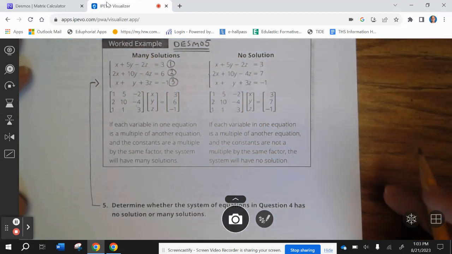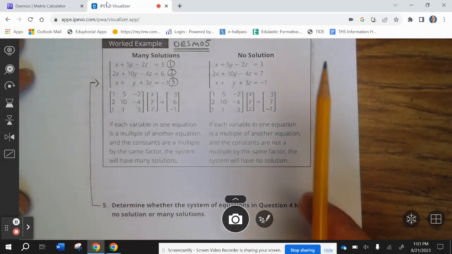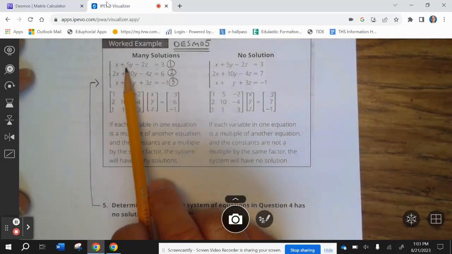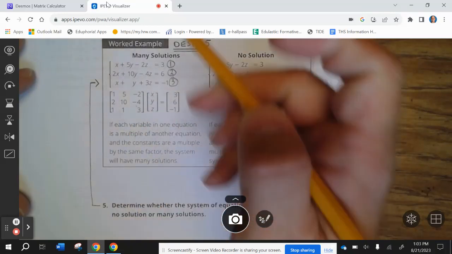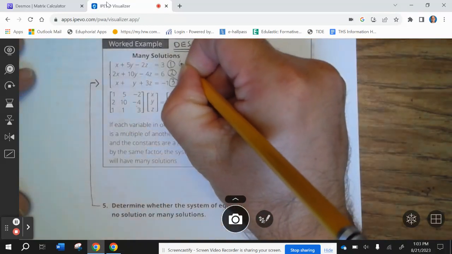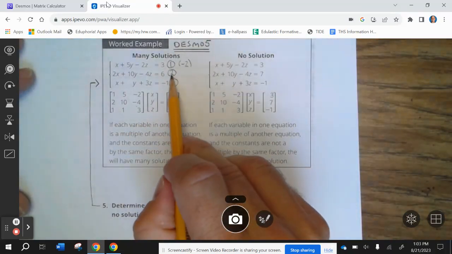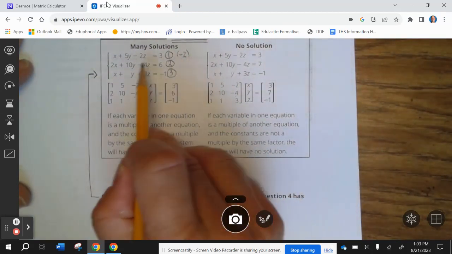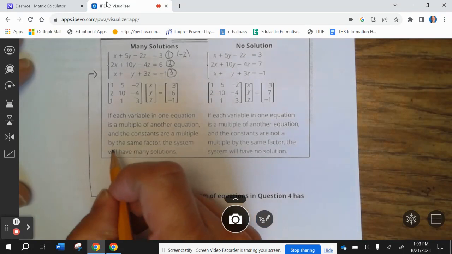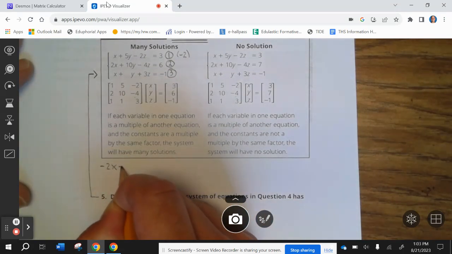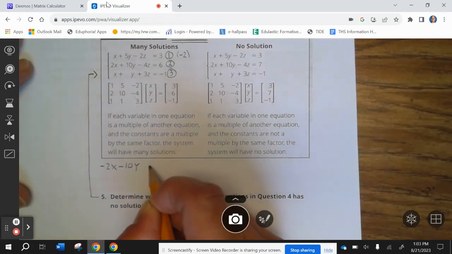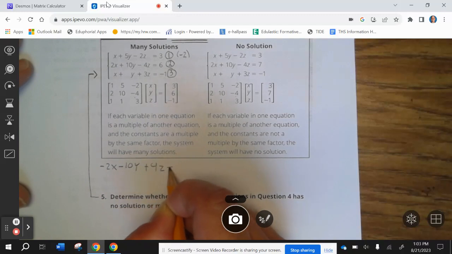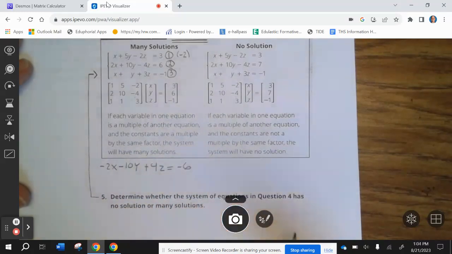Now, if I multiply equation 1 by negative 2 and combine it with 2, I should be able to eliminate variables. So let's do that. Negative 2 times this is negative 2x minus 10y plus 4z equals negative 6.